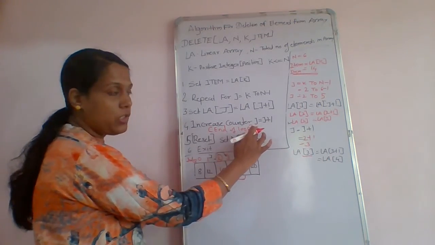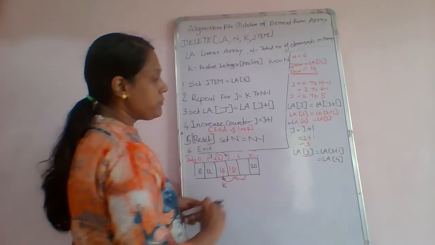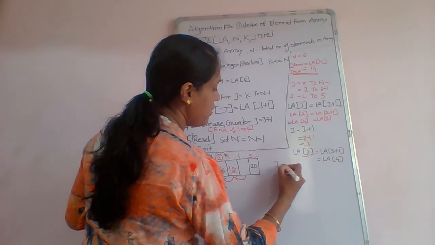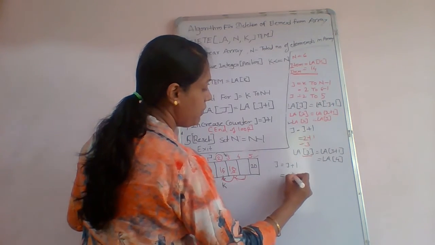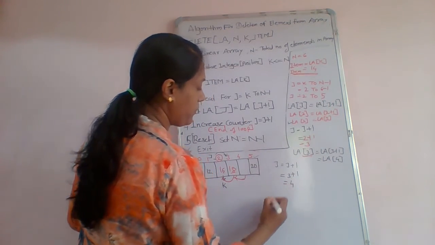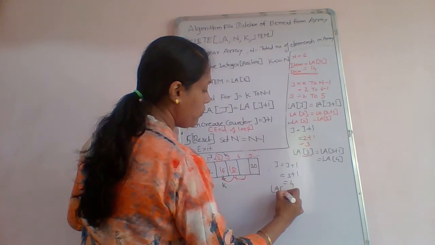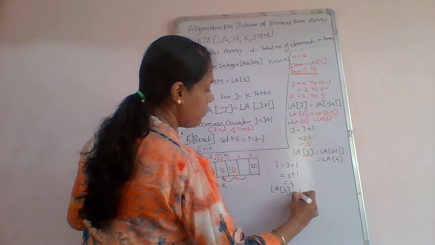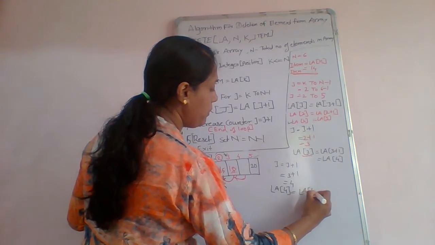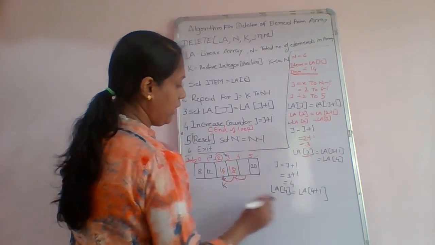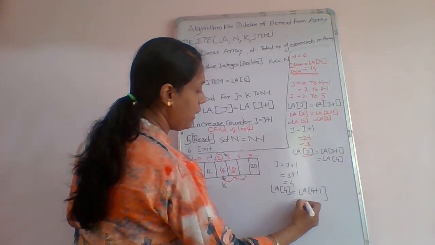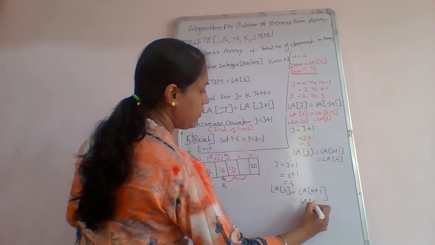Again increment of j, j equals j plus 1. What is our j? 3. 3 plus 1 becomes 4. So LA of 4 equals LA of 4 plus 1. So LA of 4 plus 1 is what? LA of 5.